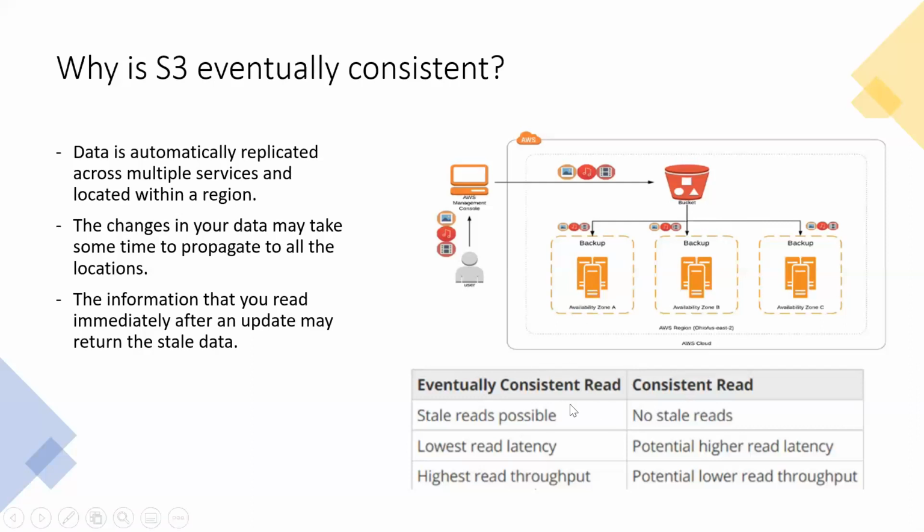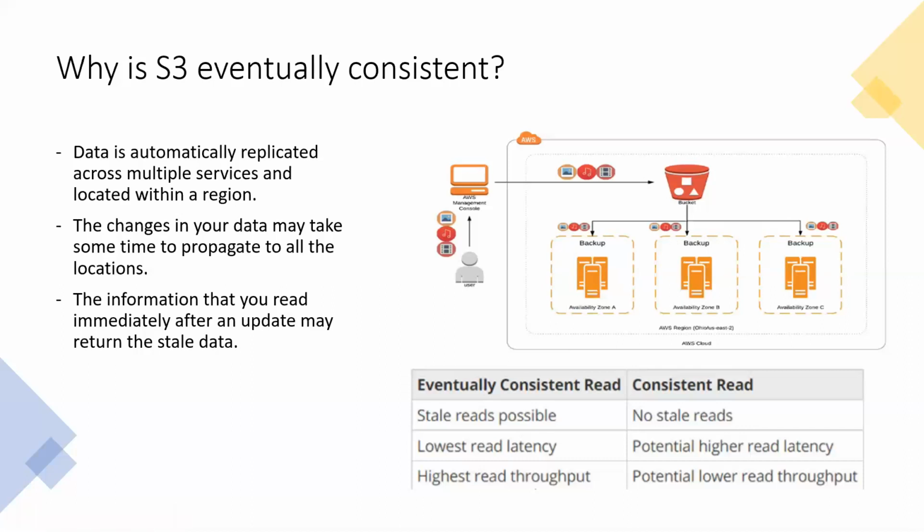So this is the difference between them. It says stale reads are possible, meaning you can read the previous version, with lower read latency, while the other has no stale reads but potentially higher read latency. These are the basics, but the most important concept is that S3 is eventually consistent because it takes time to propagate the data to all the regions. That is one of the reasons.